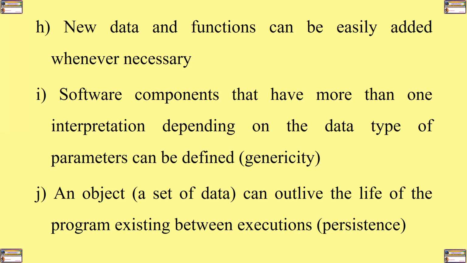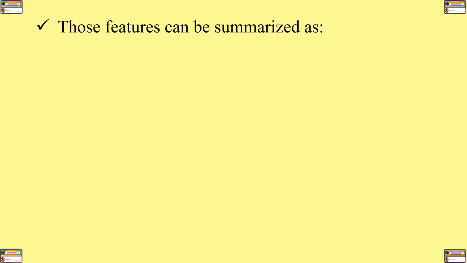In addition, an object or a set of data can outlive the life of the program, existing between executions, or what we call persistence. Now, the features that I have already mentioned can be summarized using simple or single ones as follows.